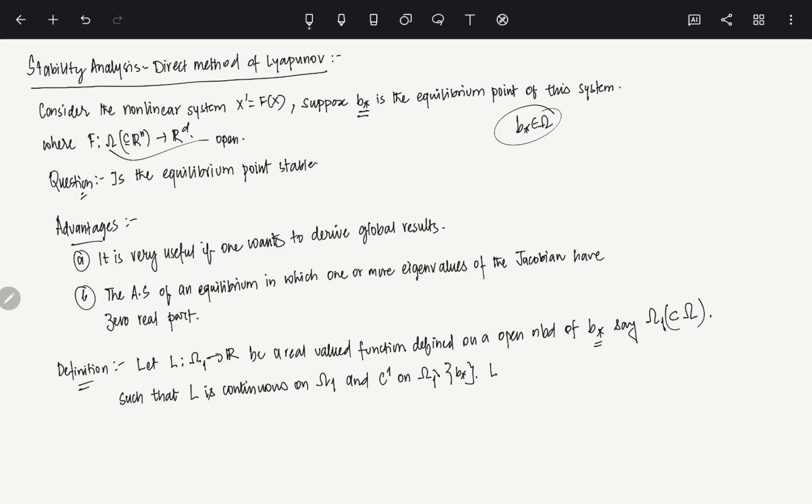So I am starting out with a real valued function which is continuous in some neighborhood of B star, and C1 in that neighborhood minus B star.